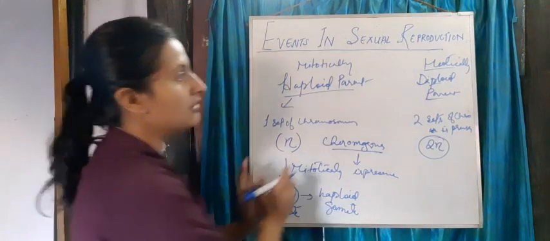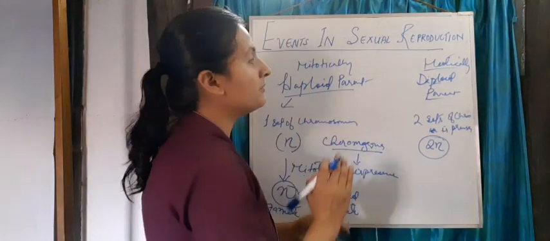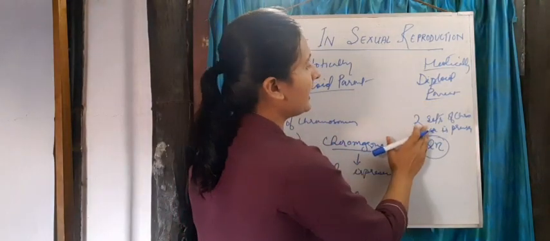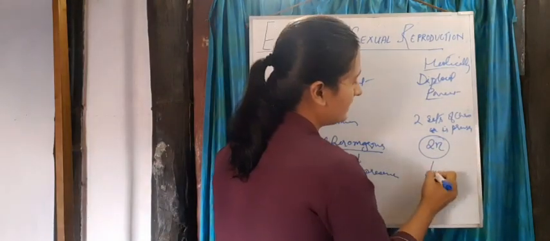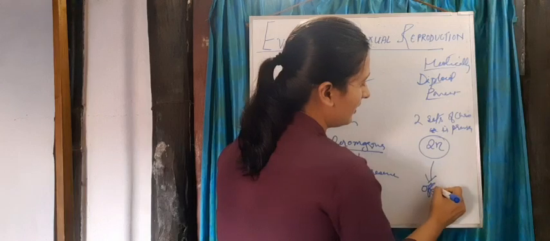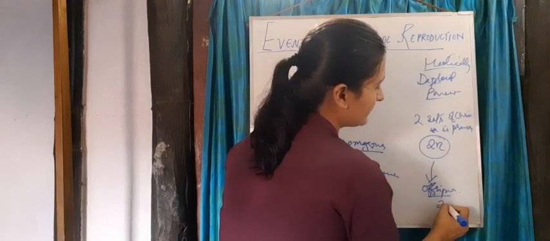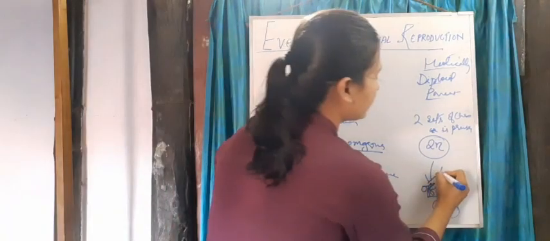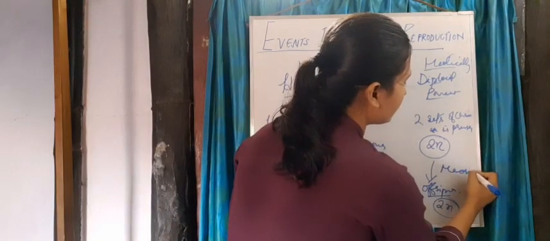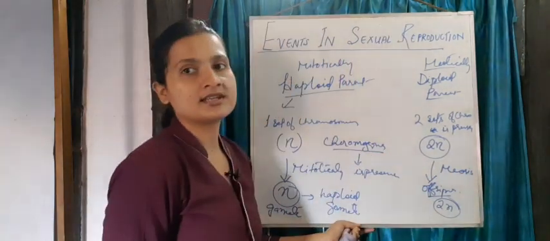All right. Now coming to the diploid parents. In diploid parents, what happens? They have two sets of chromosomes. And their offspring also possess two sets of chromosomes, and this is done by meiosis cell division, meiotically, okay?